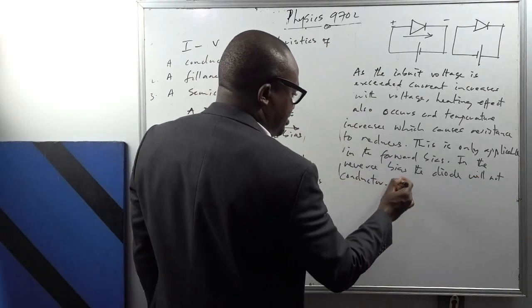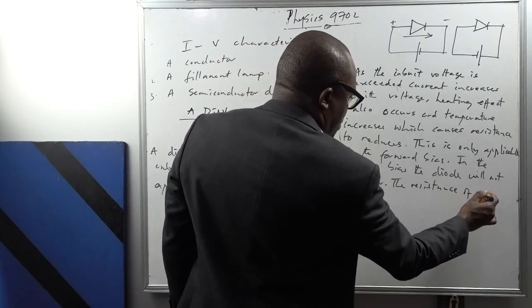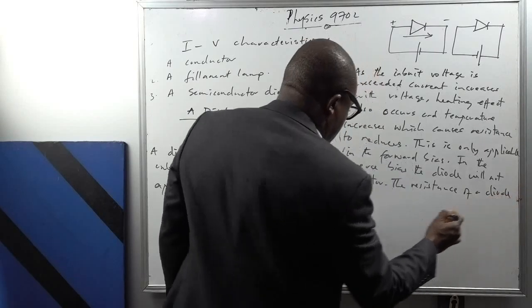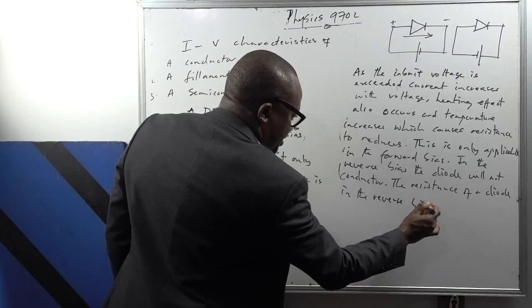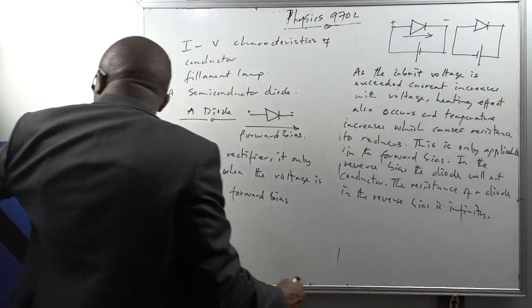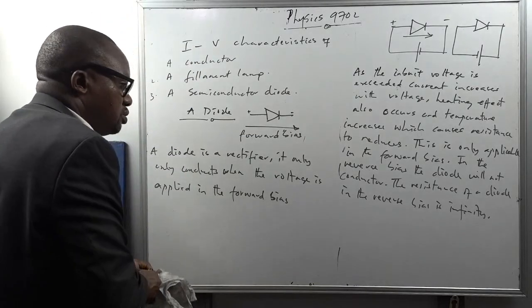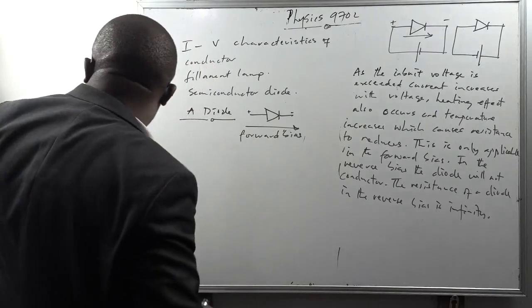So we can say that the resistance of a diode in the reverse bias is infinity. Know that. So I can easily sketch that now.